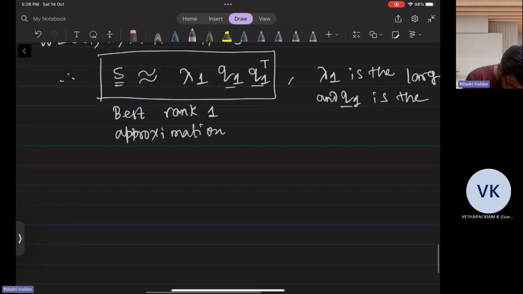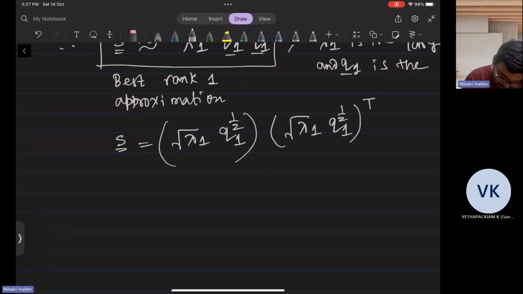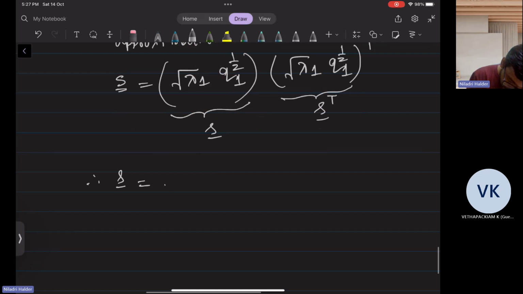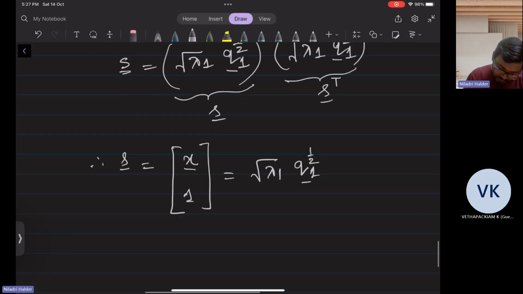Now if S is found out, then as lambda 1 is greater than 0, we can write root over lambda 1 q1 to the power half, into root over lambda 1 q1 to the power half transpose. Then this will be x, and S is equal to x x transpose, so x is root over lambda 1 q1.